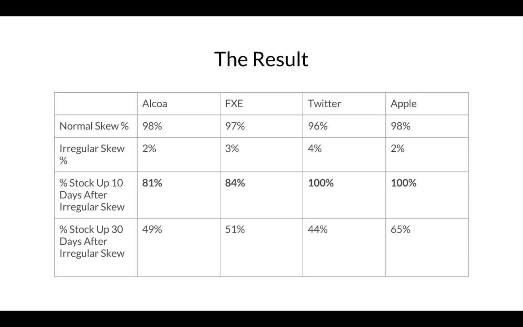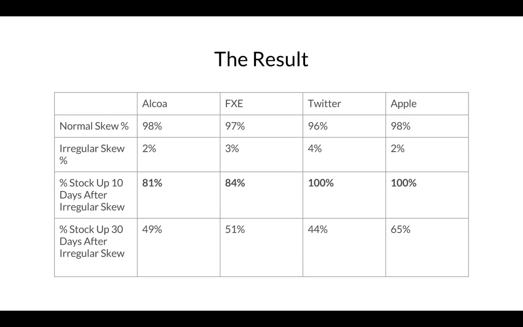So when there's irregular skew, Alcoa was higher, the price of the stock was higher 81% of the time when we look forward 10 days after we saw the irregular skew. FXE 84%, Twitter and Apple both 100% of the time. So with Twitter and Apple, when there was reverse skew, both Twitter and Apple were up 10 days later 100% of the time. FXE 84% of the time and Alcoa 81% of the time.